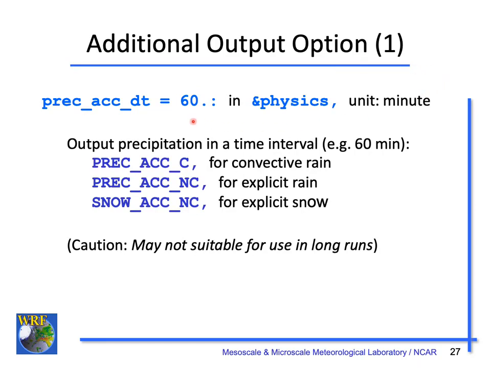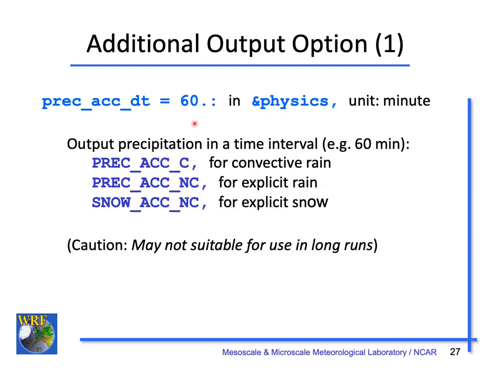In the next set of slides, we're going to cover some special output options. The first of these is to output precipitation variables in a time interval. The precipitation fields in standard model output, RAINC and RAINNC, are accumulated variables from the model start time.